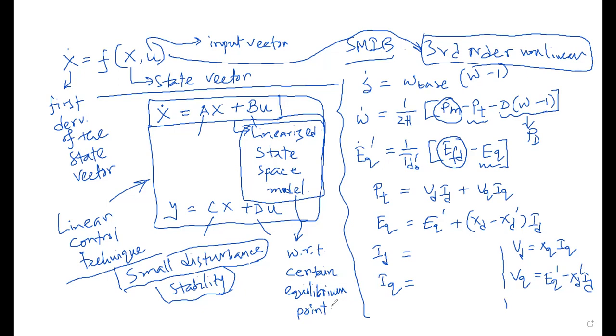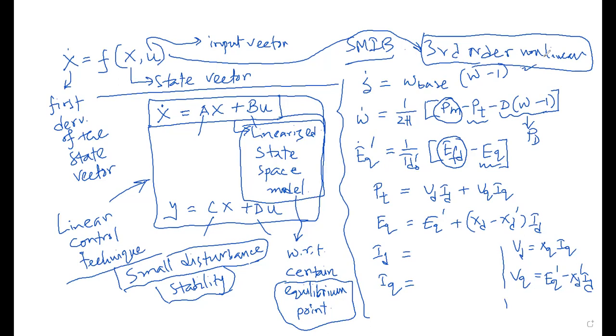And depending on the choice of this equilibrium point, the linearized state space version of the original nonlinear model varies, their response varies, their characteristics vary, their analysis varies.